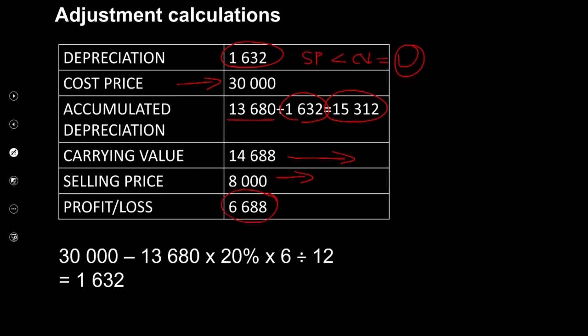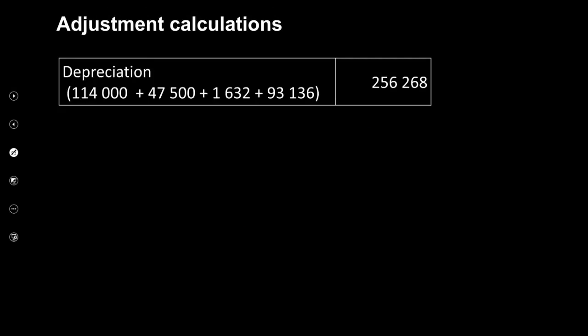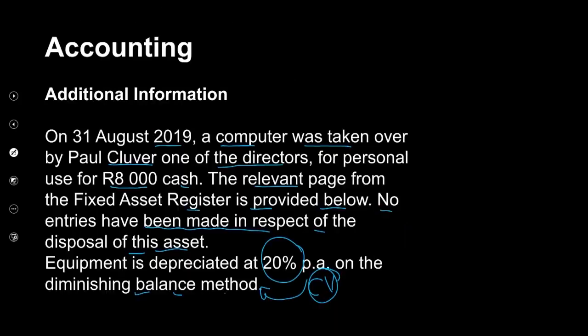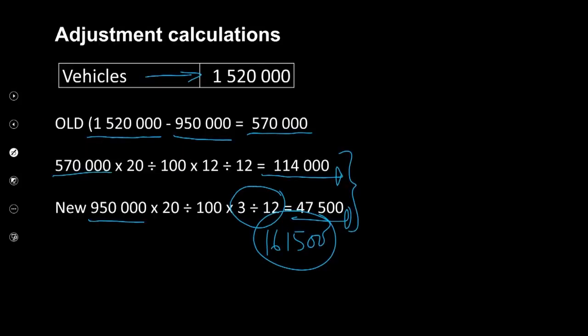Right. Now what do we do? In terms of my depreciation, I take the 114,000 Rand, which I calculated already, plus the 47.5, plus the 1632, plus the 93,136 to give me total depreciation of 256,268. Let's identify those amounts. 114,000 was the vehicle's old.